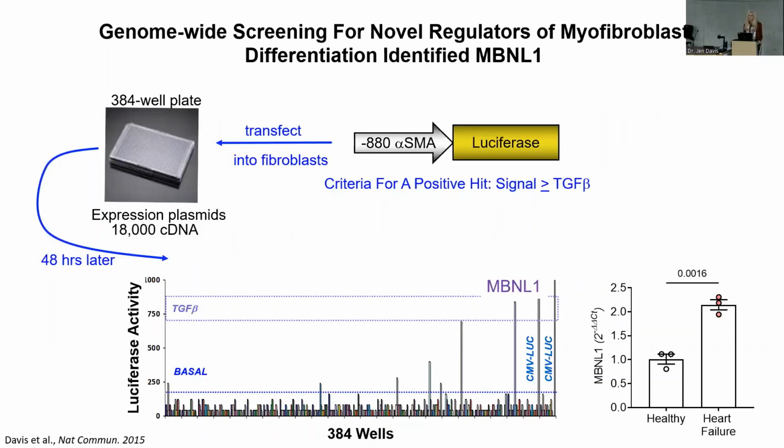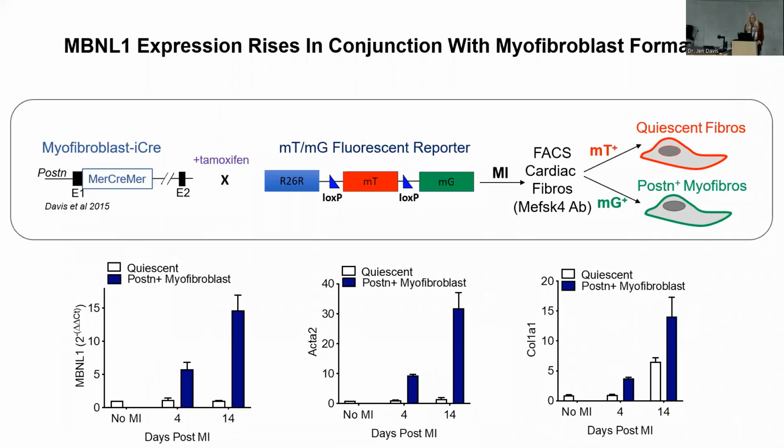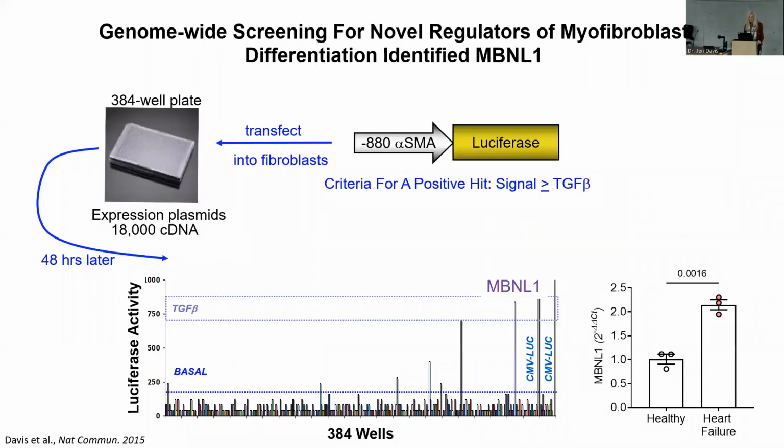We did this in a fibroblast where we transfected, I'd say, over 1,800 different cDNAs for different human and rodent genes. Then we screened for whether or not they turned on the myofibroblast program using a transcriptional surrogate shown here.